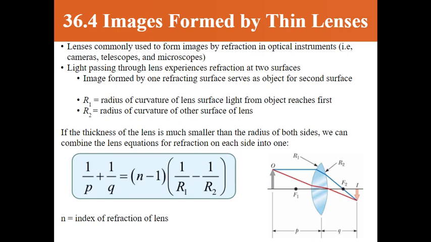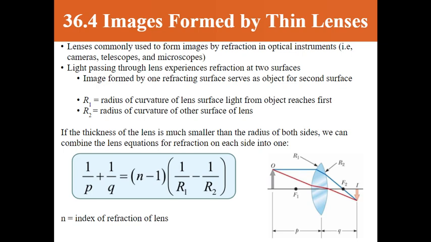Lenses are employed by anyone wearing glasses, and in cameras, telescopes, and microscopes, to take advantage of refraction to form images of different sizes. A lens is kind of like a two-sided refracting surface.